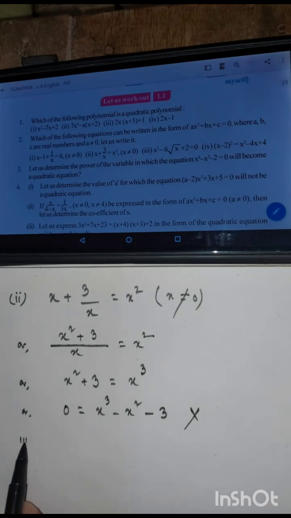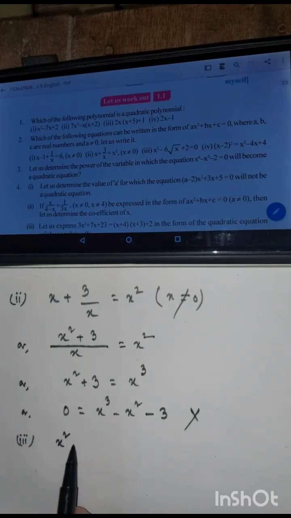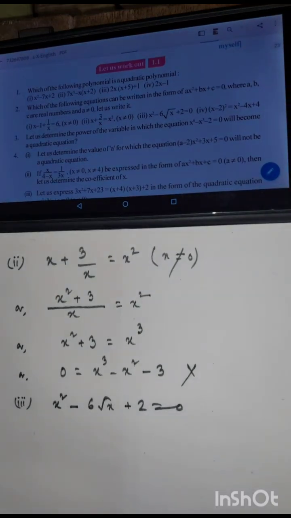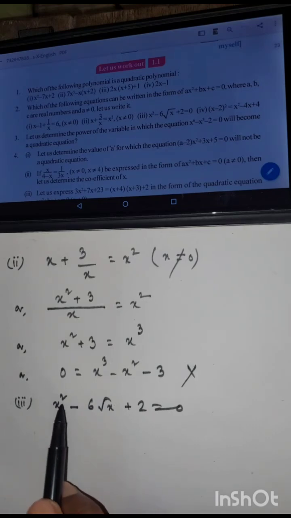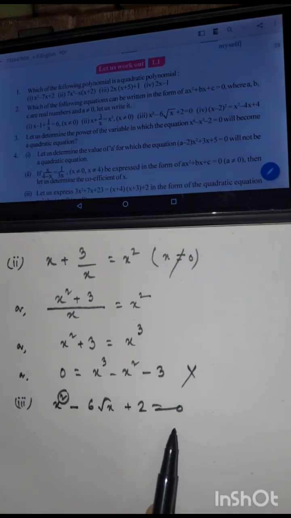3. Here we can see the highest power of x is 2, but this is not a quadratic equation, because in a quadratic equation the power of x cannot be a fraction.